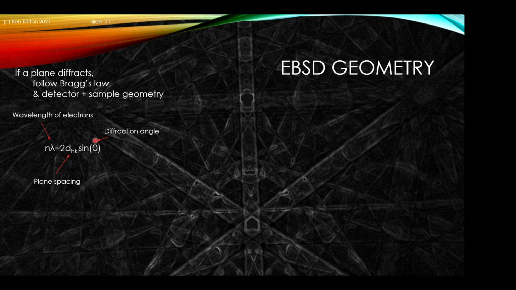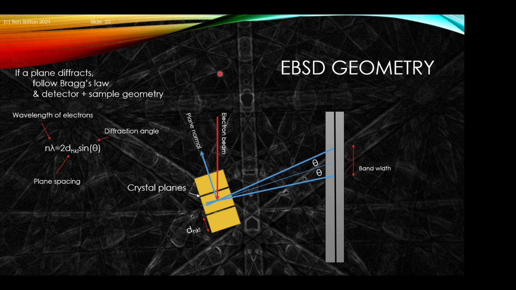In our EBSD experiments, we shine an electron beam into a crystalline sample. If we have a diffracting plane that's allowed to diffract from our crystal plane, we will effectively have the presence of a band, a characteristic band that has a specific band width.